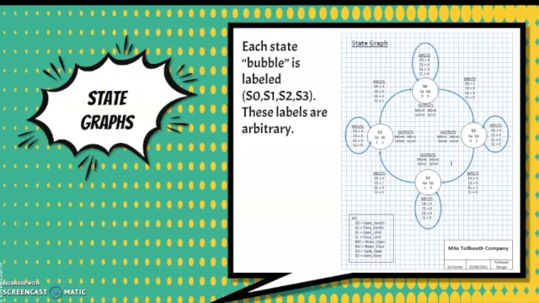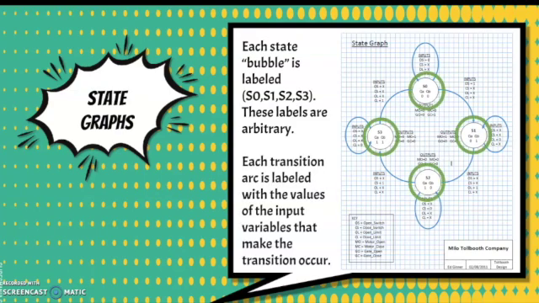So each bubble that you see here is labeled either S0, S1, S2, or S3. Okay, so these labels are arbitrary. They're just added on here, but starting at S0 is the most common way. Those bubbles are identified in green. We then also have those loops outside of the bubbles, and those are called transition arcs.